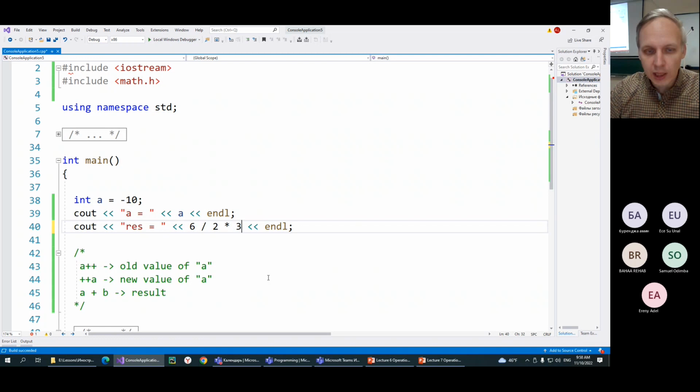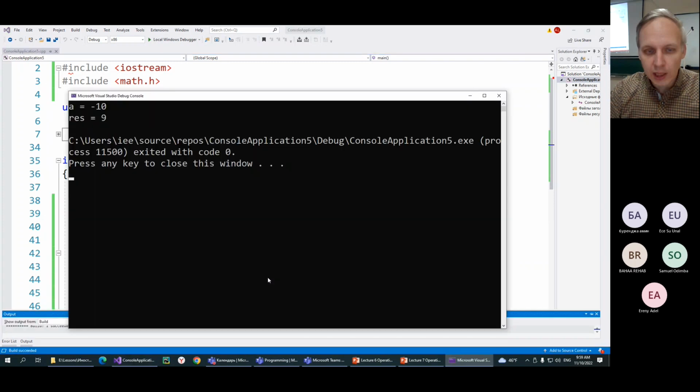The result will be 9. Not the multiplication first, but the operations will be carried out from left to right. First the division will be carried out, and after that, the result of this operation takes part as the first operand of the second operation, and the result will be 9.